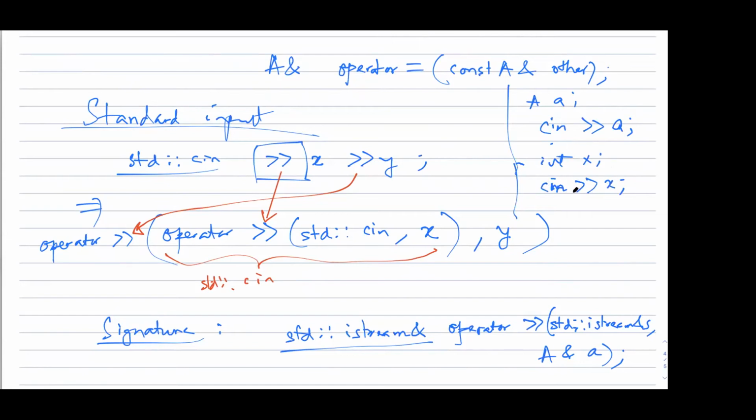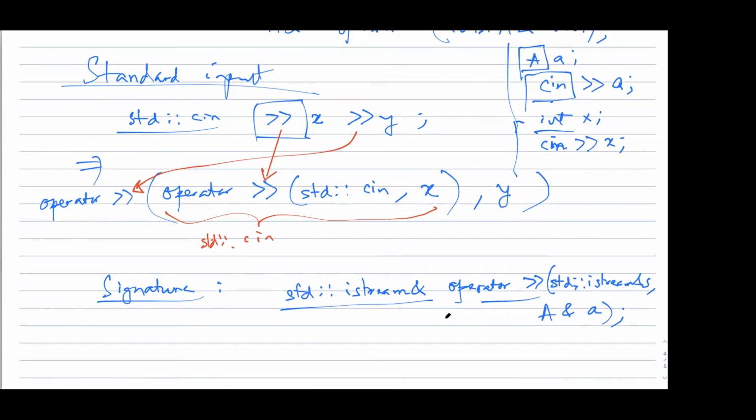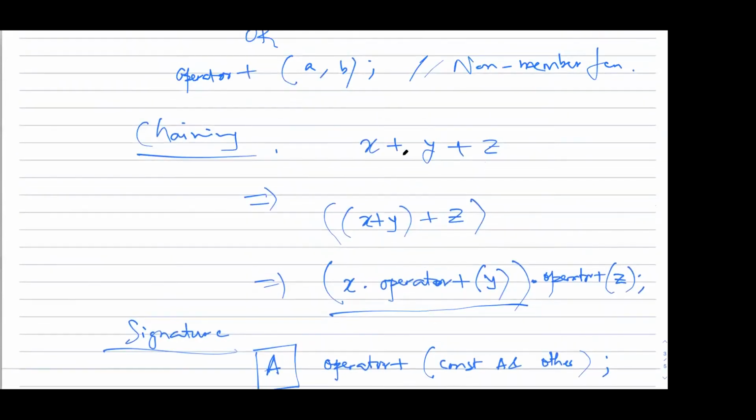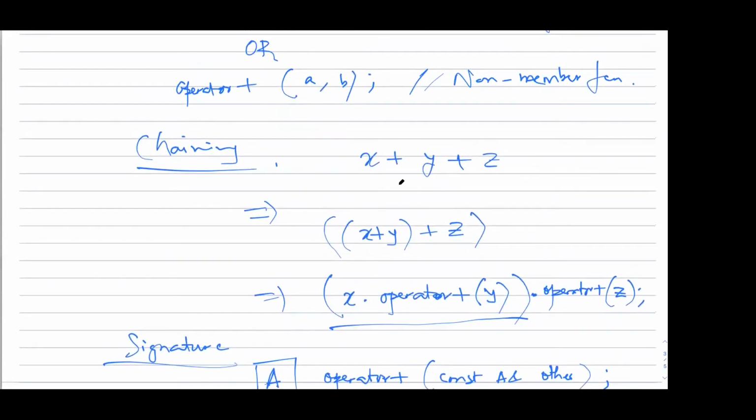The standard cin knows how to read into x, the built-in data types, right? But if it's a class you have defined, what to read in you can control by overloading this greater than operator. And likewise, the plus operator, if these are objects of some class, you can control what that plus means in that realm.